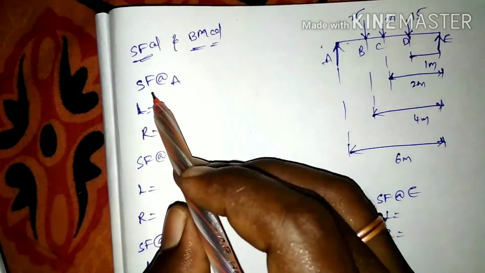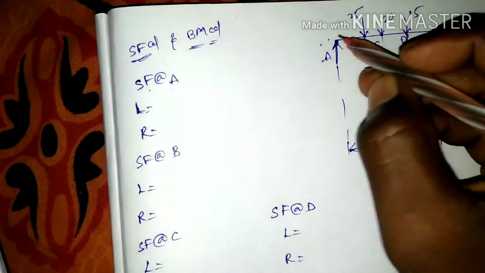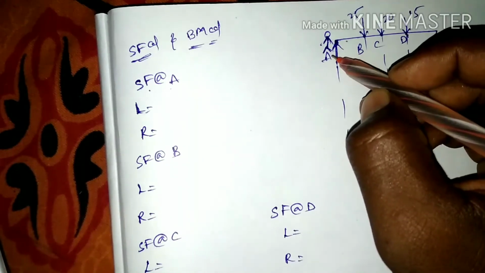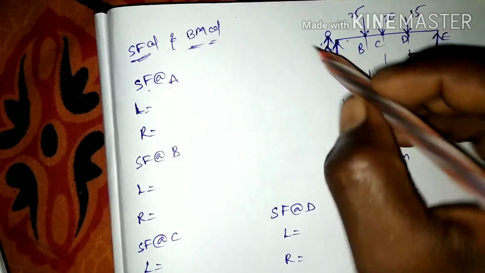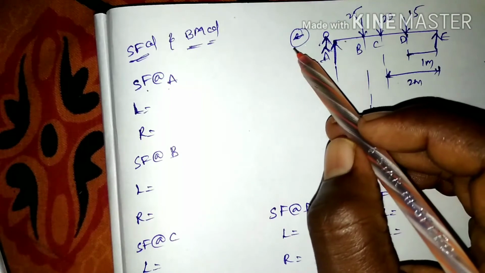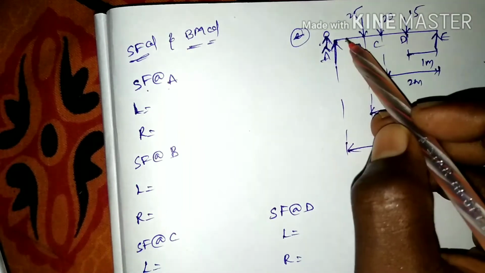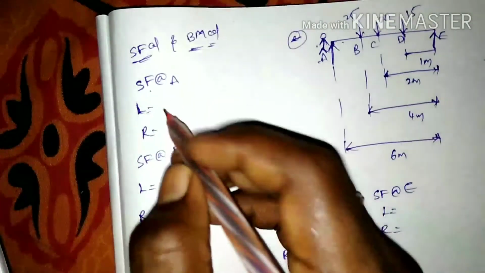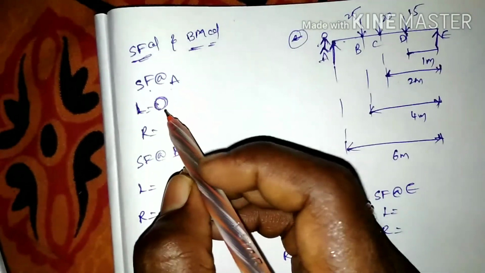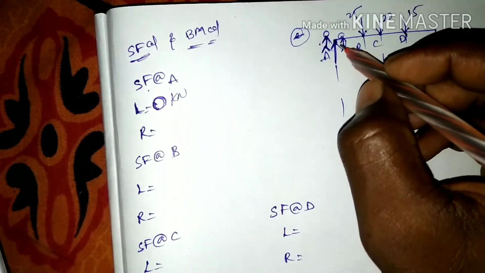Here we are having support A. For the left of the A, when I'm standing at the left of the A and looking to the left side, here I don't find any type of reactions or forces on this beam, so I am going to consider it as 0, because there is no force and no reaction. It is represented as 0 kilonewtons.